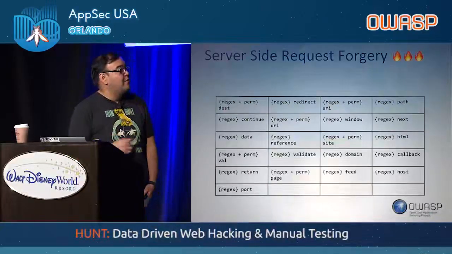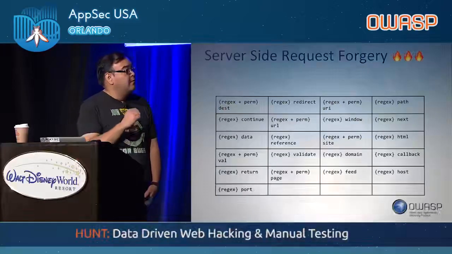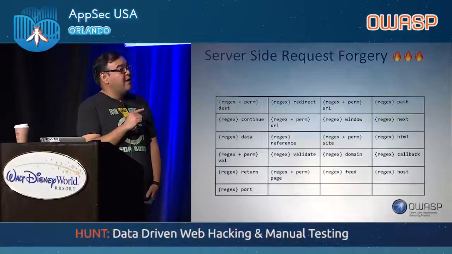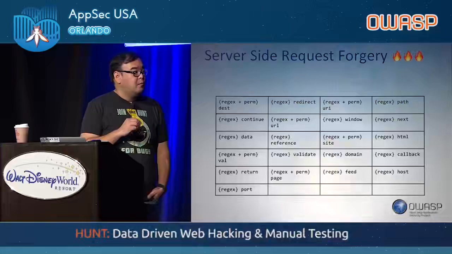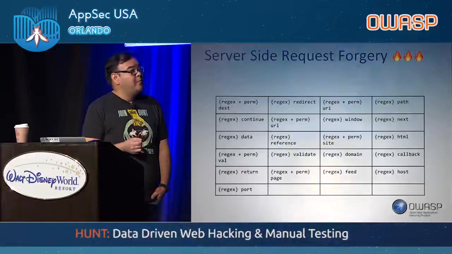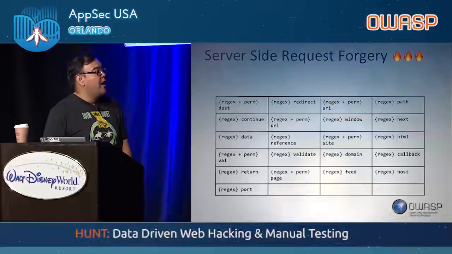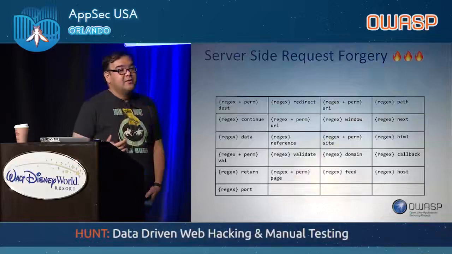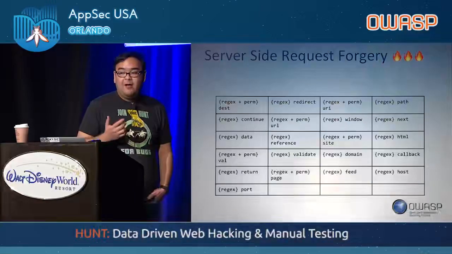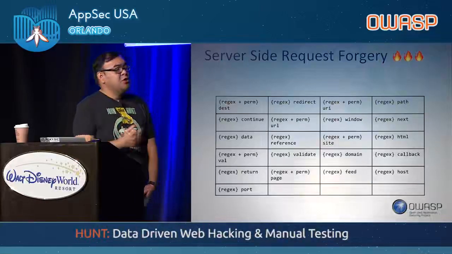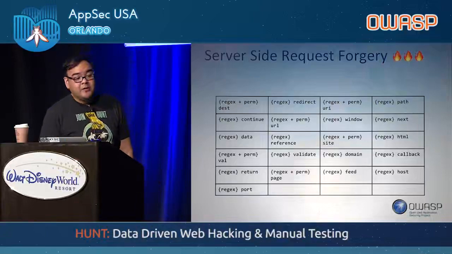A lot of the parameters actually mimic open redirect vulnerabilities, things like destination, dest for destination, redirect, URI, path. When you see those kinds of open redirect parameters, you should try server-side request forgery on those.